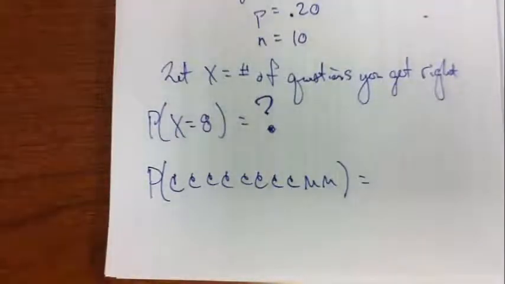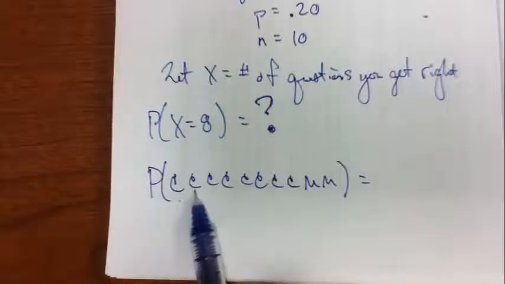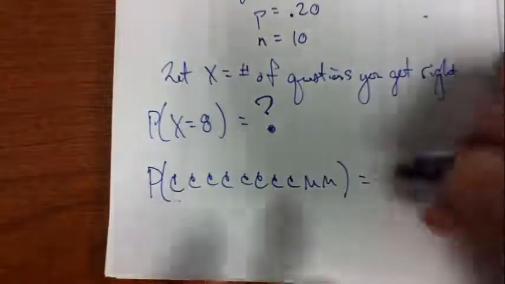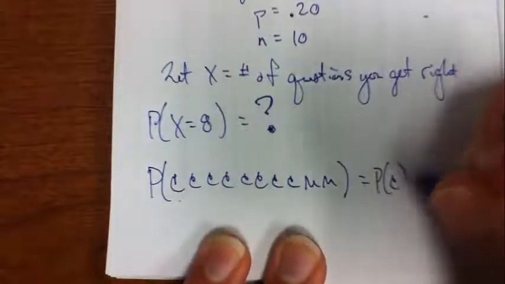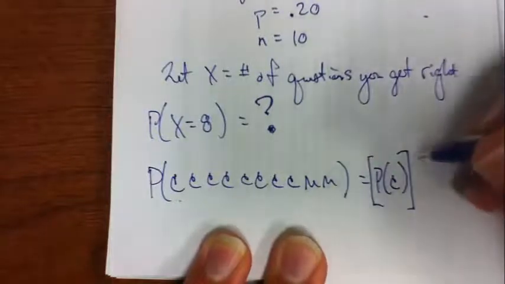Well, these are independent events, right? And so I know that if I want the chance of the intersection of a bunch of independent events, which is what we have here, the chance that I get the first one correct and the second one correct and the third one correct, etc., I can just multiply the probabilities of the individual events.